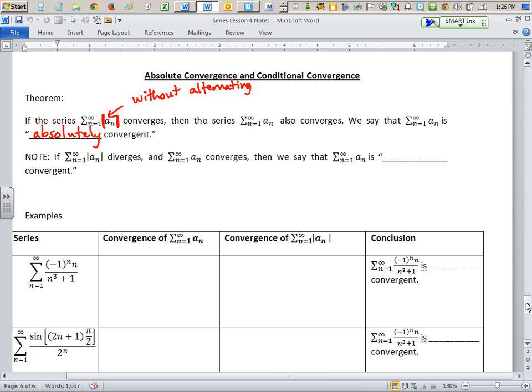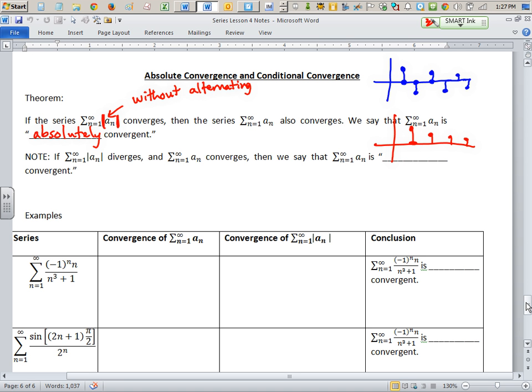Which is more likely to converge, guys? Let me ask you this. Which is more likely to converge? Something whose plot looks like this, blue or red?